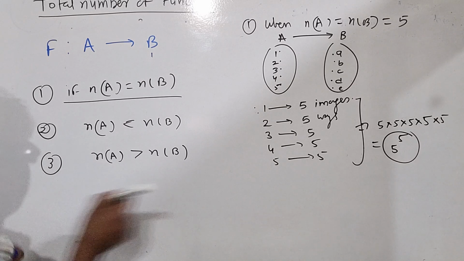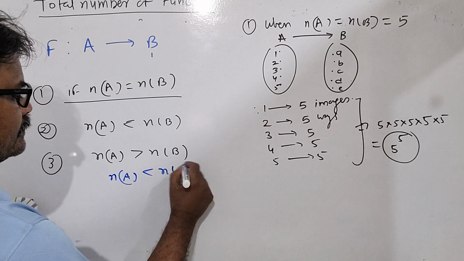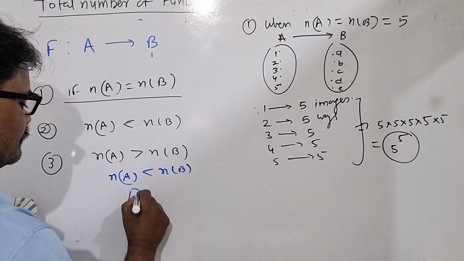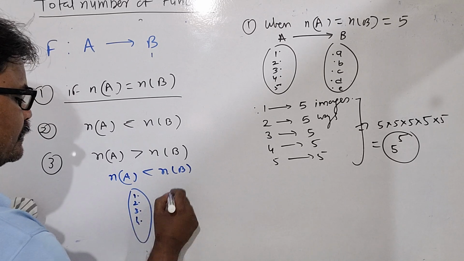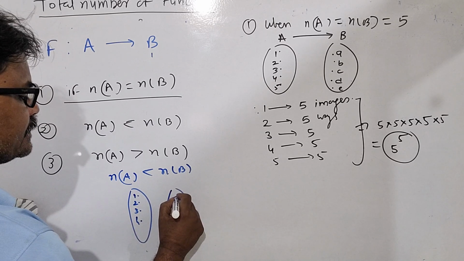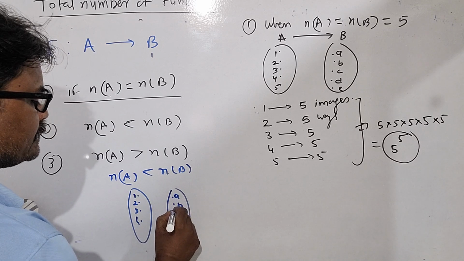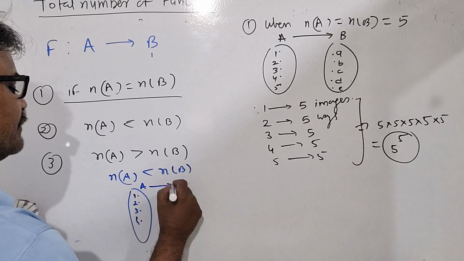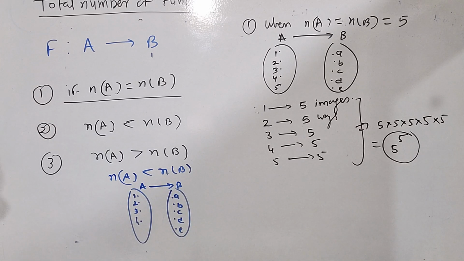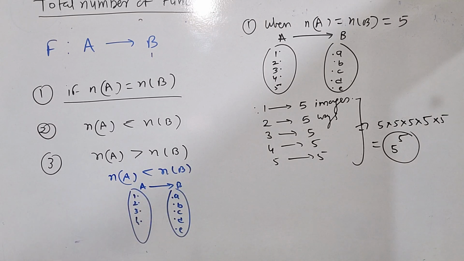Suppose n of A is less than n of B. That is, we have 4 elements 1, 2, 3 and 4 in set A, and in set B we have the 5 elements A, B, C, D and E. This is set A and this is set B. We are defining the function from set A to set B, where A is the domain set containing 4 elements and B is the codomain set containing 5 elements.